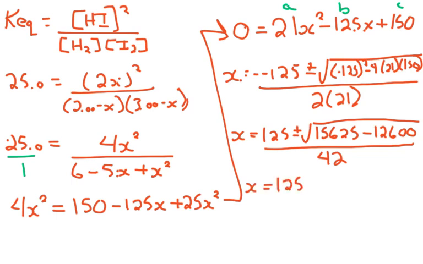Finish the calculation under the square root. 15,625 minus 12,600 is 3,025. That is still over 42.